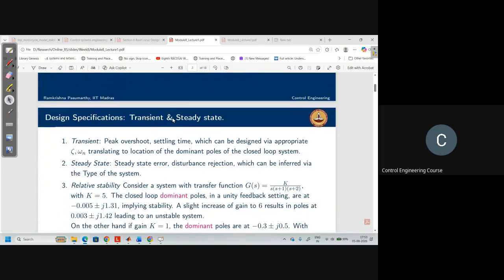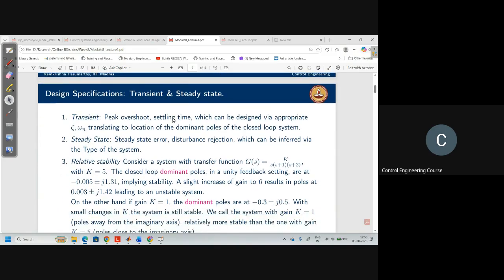This is the first thing: design specifications. Because for every system we are going to design, the open loop system may not always be as desired, so we want to make it meet our specifications.